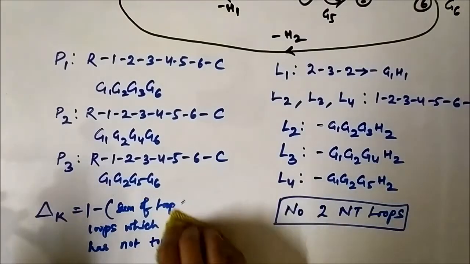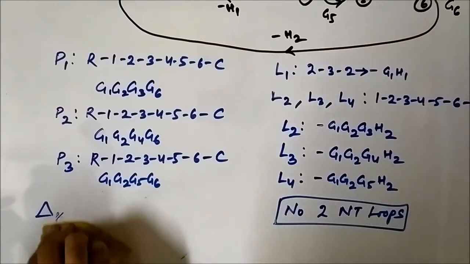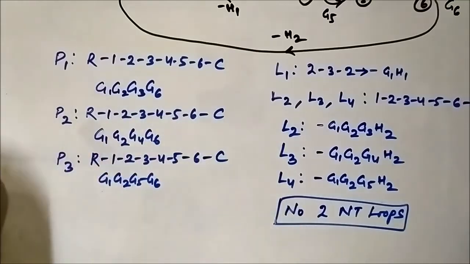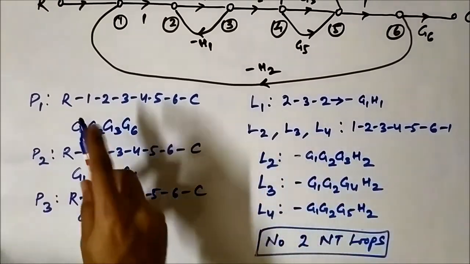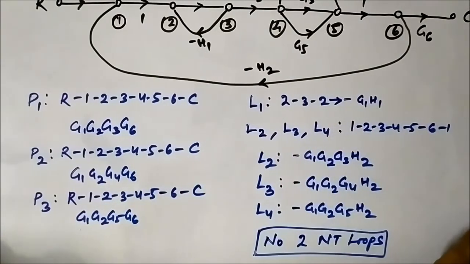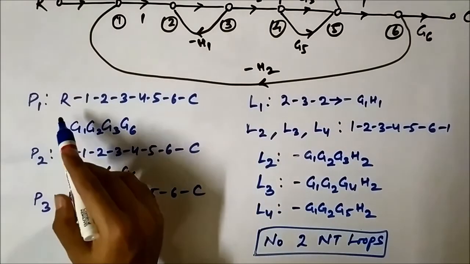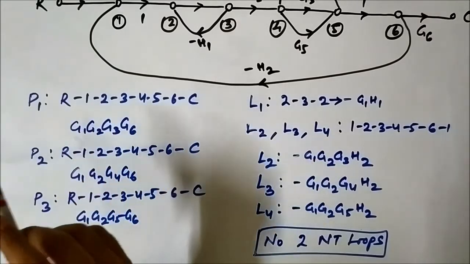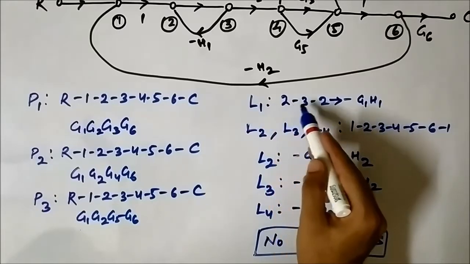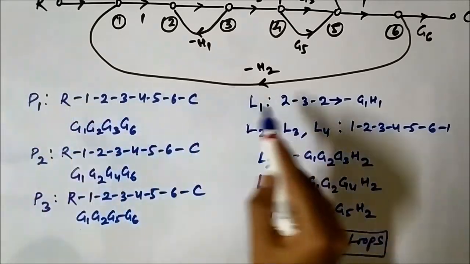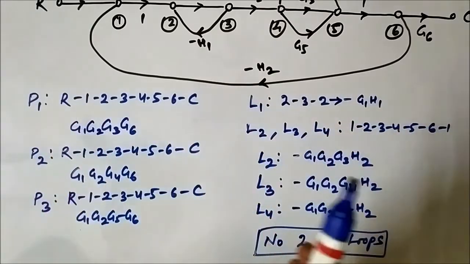Now let us see what is the path factor of P1, P2 and P3, that is delta 1, delta 2 and delta 3. Now similarly we have to compare the nodal representations of P1 with each of the 4 loops, P2 with each of the 4 loops and P3 with each of the 4 loops, as we did in touching and non-touching loops. See, the nodal representation of P1 is R 1 2 3 4 5 6 C. The nodal representation of L1 is 2 3, so there is a common node between P1 and L1. So P1 is touching L1.